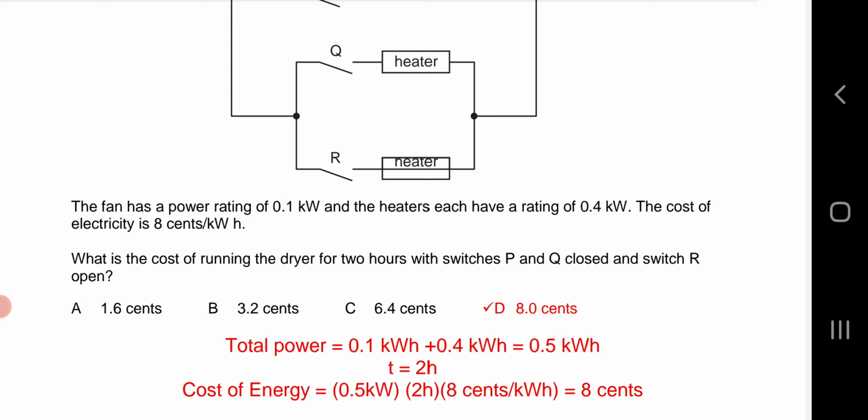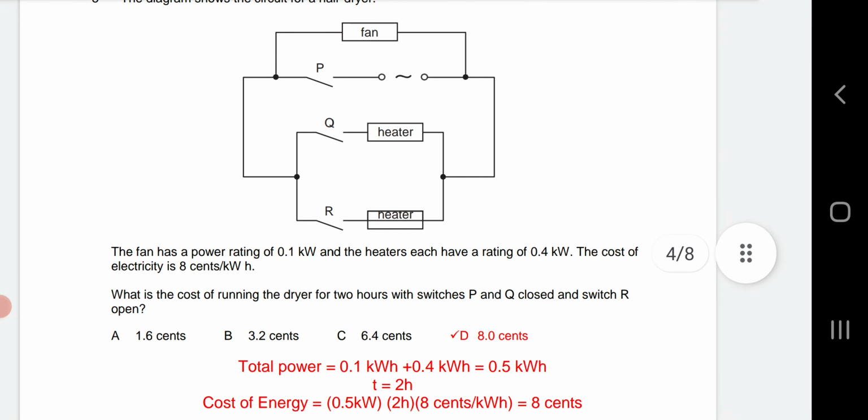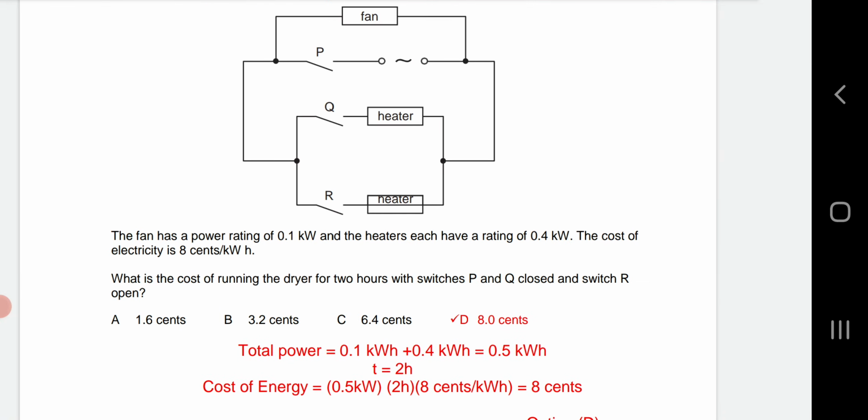Time is given as 2 hours. So the cost of energy is 0.5 kilowatt multiplied by 2 hours multiplied by 8 cents per kilowatt hour. So it is 8 cents. Option D. When we multiply 0.5 kilowatt with 2 hours, it becomes the unit of energy, kilowatt hour.